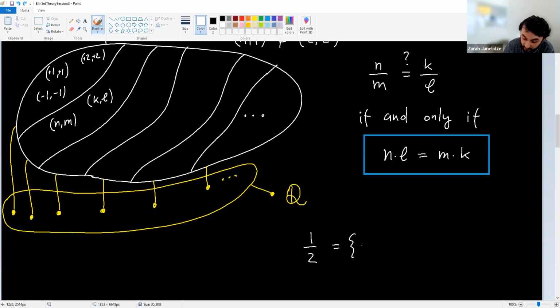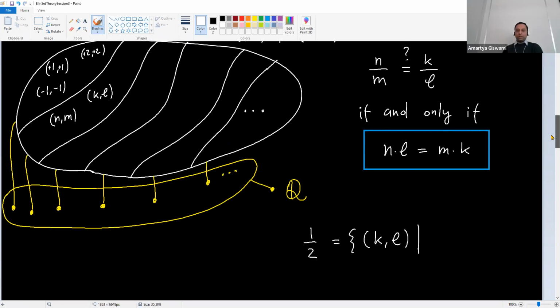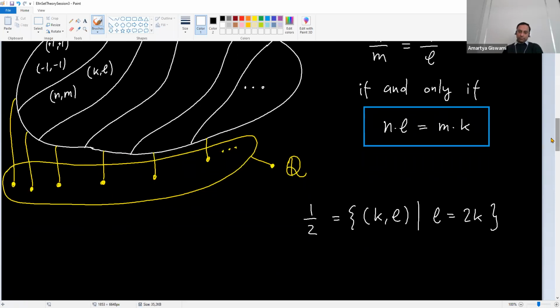So this is all possible pairs KL such that identity. Yes, so such that L equals 2K, right? So if I put here 1 and there 2, I get L equals 2K.